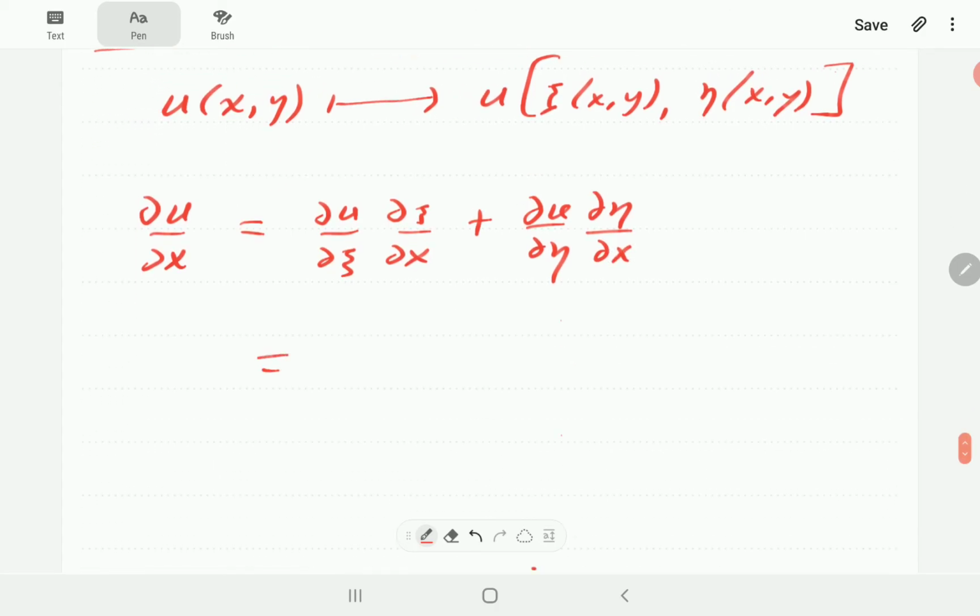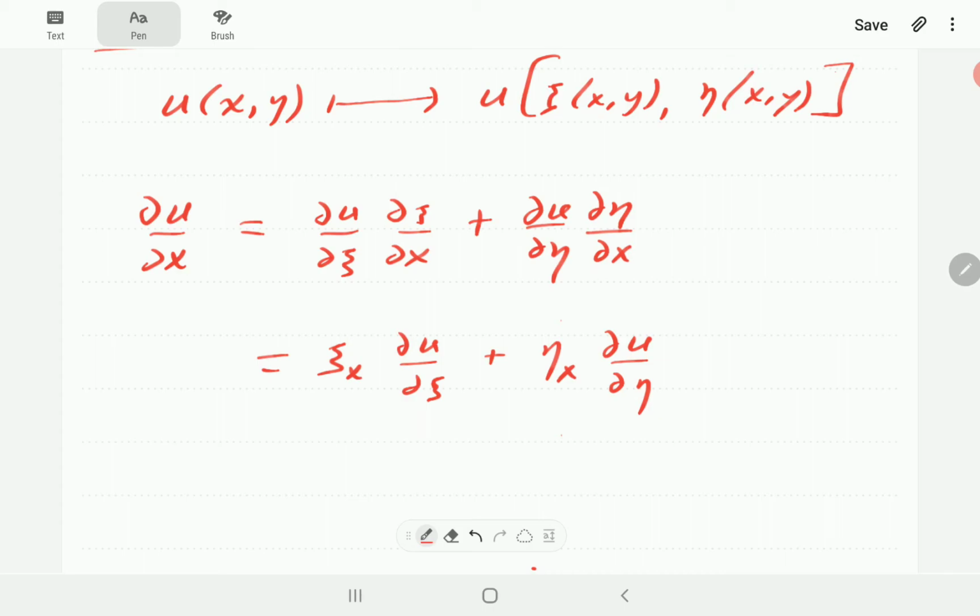Now I'm going to write this as xi x, and this one I'm going to keep like this. Same here, eta x, partial u, partial eta.